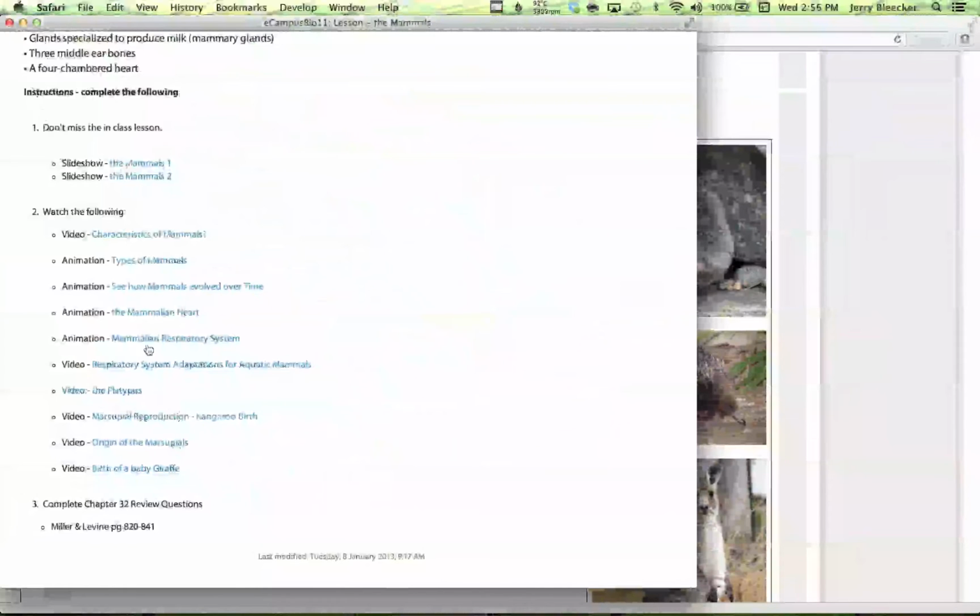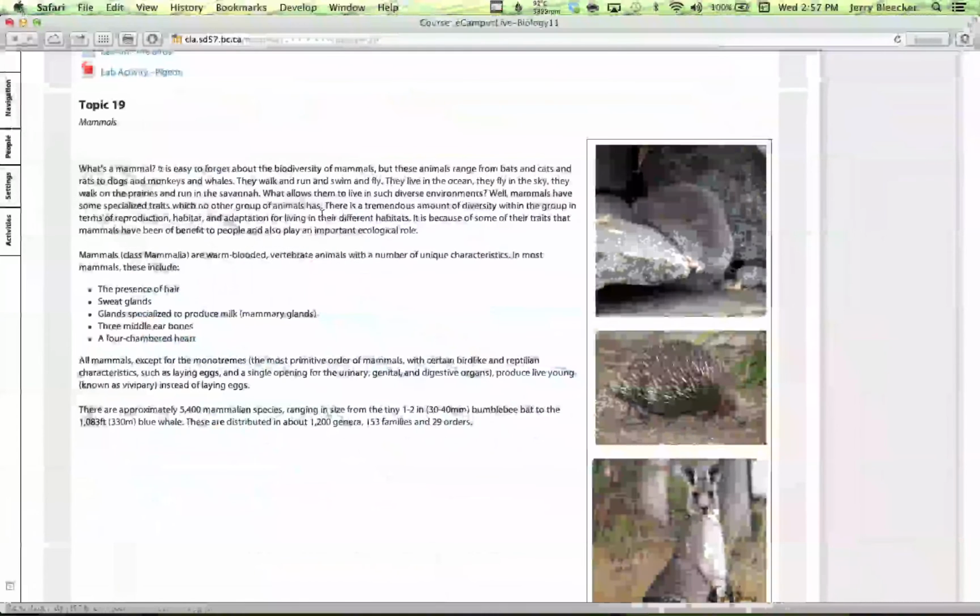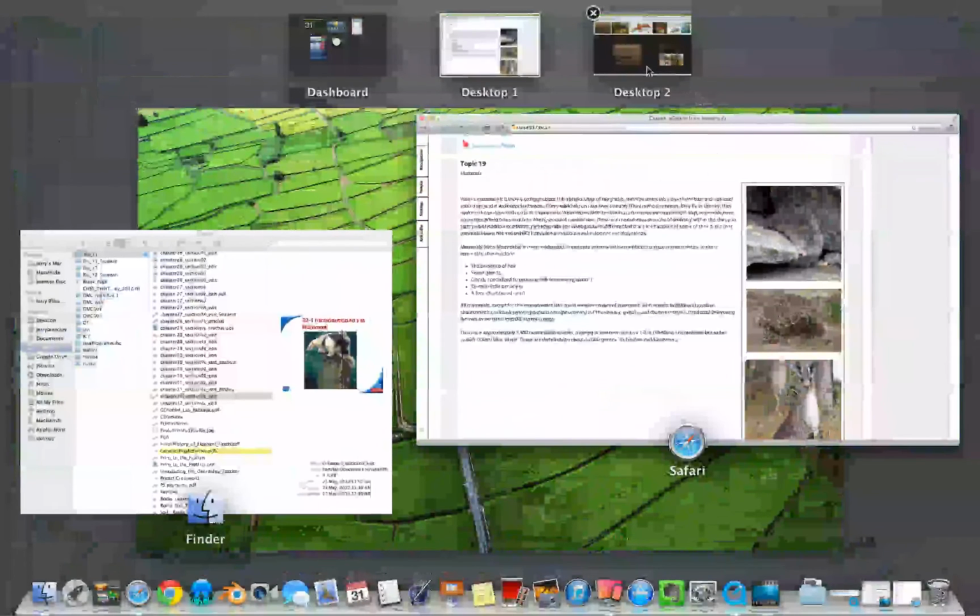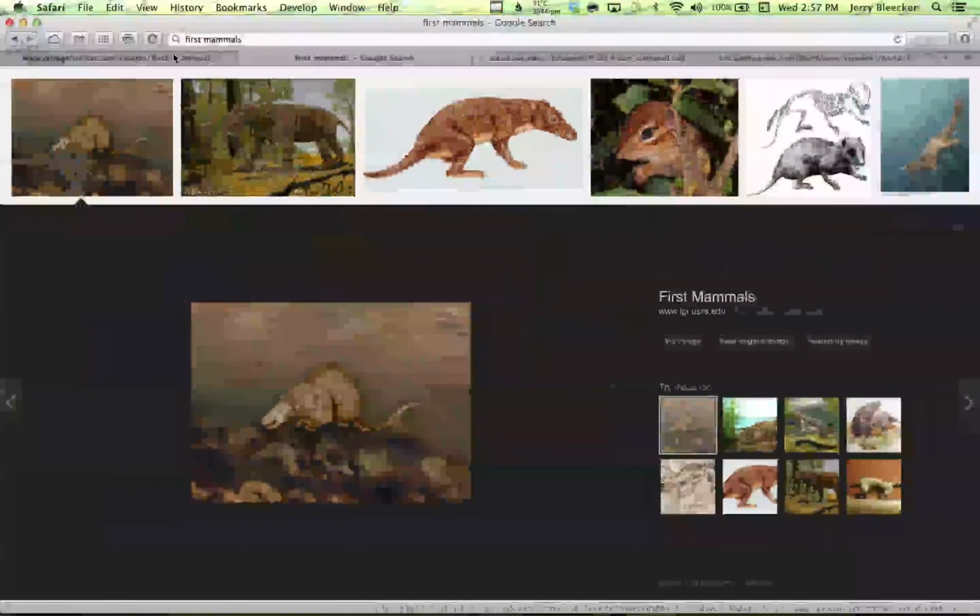So we get our egg layers and we get our marsupials, which are pseudoplacentals. They're not really doing placenta very well, but they do it enough up to the point where we get up to things like ourselves, like humans, where we have very well formed placenta. So minimize that, and we'll get into our lesson, which I have waiting for you over here.